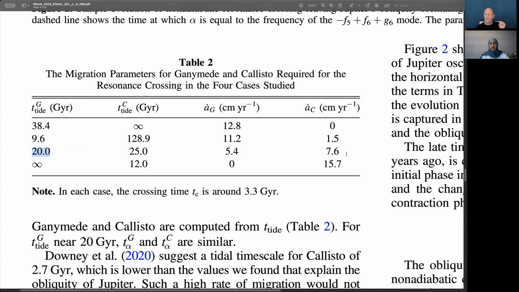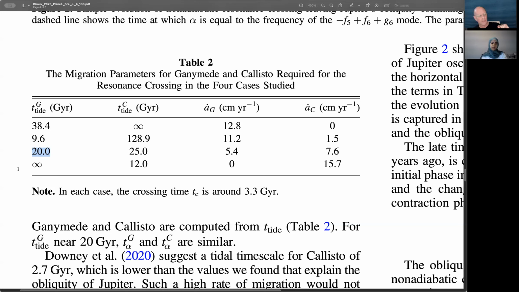We also did hypothetical cases like the first row and the fourth row, where we put an infinite tidal timescale for either Callisto or Ganymede, and that means that satellite is not migrating; it has an infinite timescale, but the other one is migrating. Gotcha. So this provides an upper limit on the migration of the other satellite. In the first row, you have an infinite tidal timescale for Callisto, which means 0 a dot. Yes.